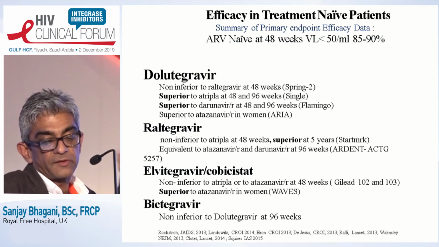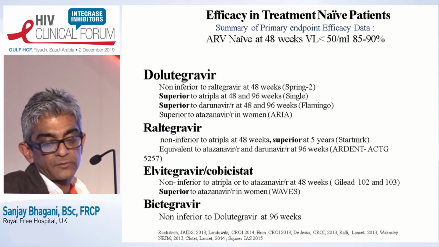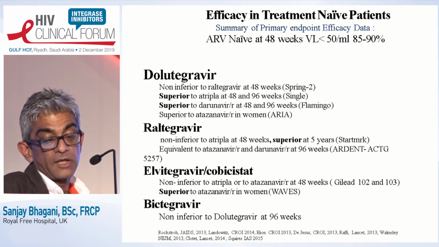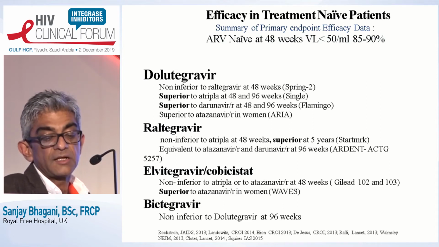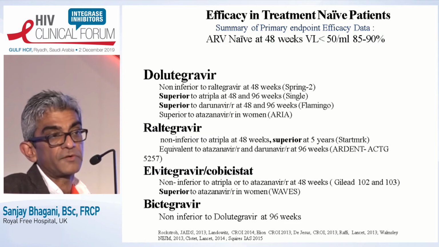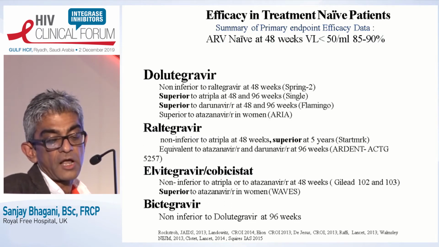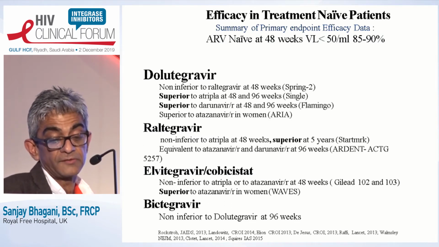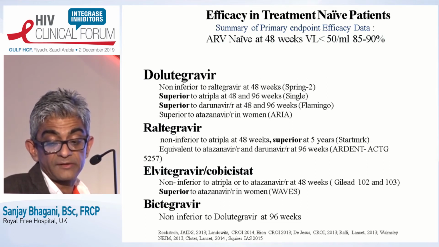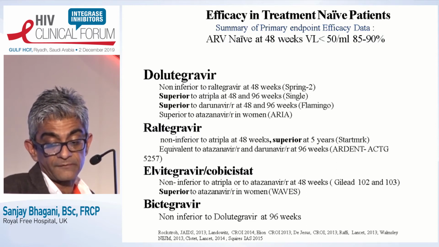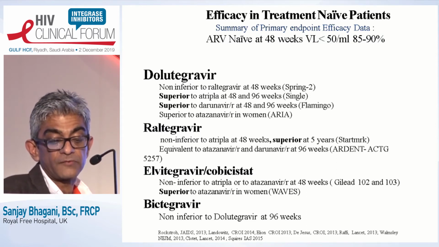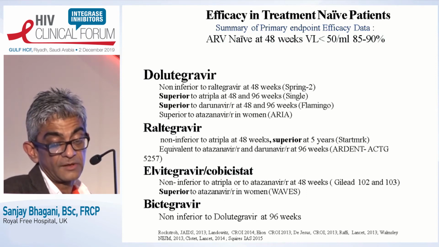Dolutegravir is non-inferior to raltegravir at 48 weeks, superior to Atripla at 48 and 96 weeks, superior to darunavir ritonavir at 48 and 96 weeks, and superior to atazanavir ritonavir in a women-only study called ARIA. Raltegravir is non-inferior to Atripla at 48 weeks, but superior at 5 years, as I showed you in that first couple of slides, and it's equivalent to boosted atazanavir and boosted darunavir at 96 weeks.